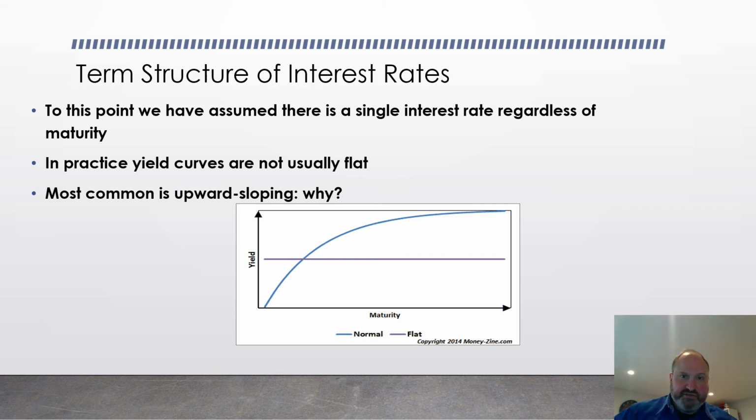If people think the economy is going to slow down, maybe they go from 4% to 2%. If we just reverse the math, we would have a 4% rate for 1 year and a 3% rate for 2 years, okay? That's much less common than what we're looking at here. But it does happen, and as I say, it's usually a sign that the market expects that we're going to go into a recession. Maybe it turns out we do, maybe it turns out we don't.